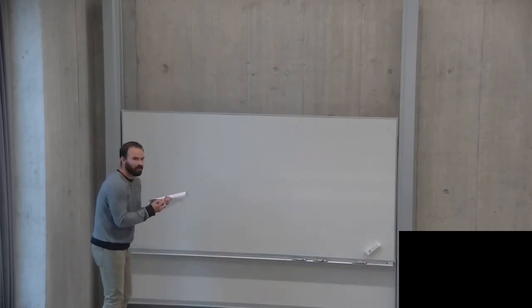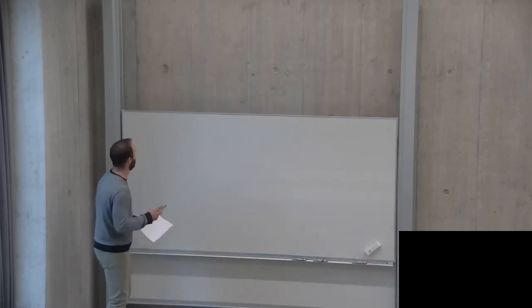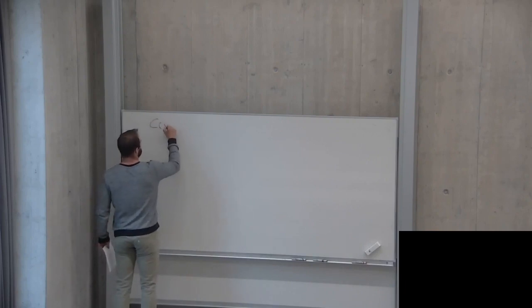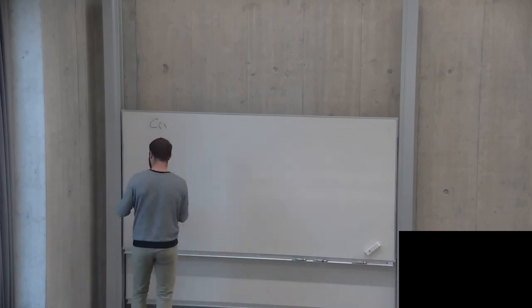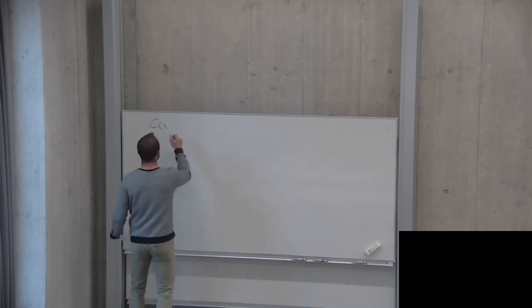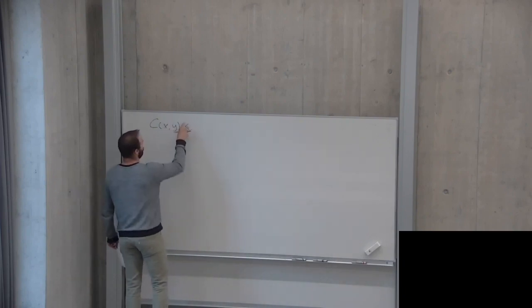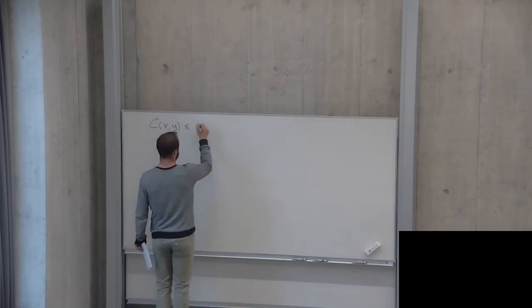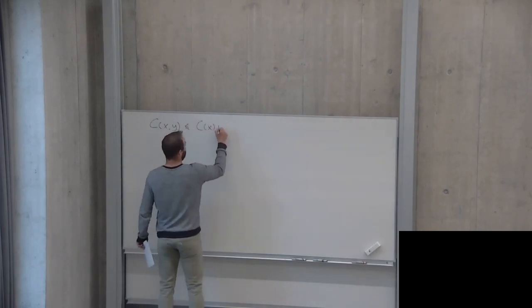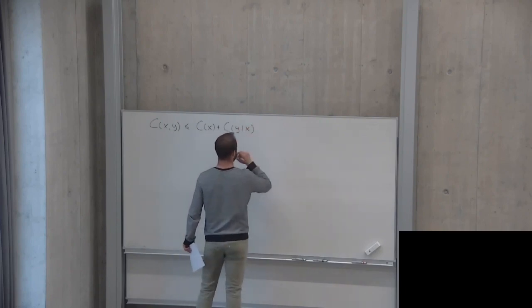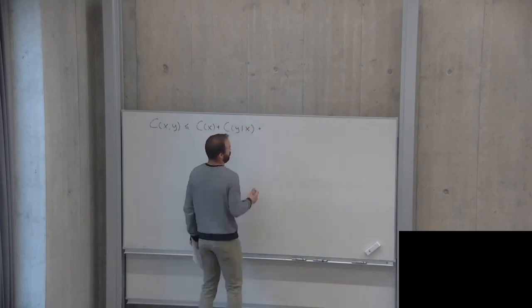So last time we showed what I call the easy side of the chain rule. We showed that C of xy was smaller or equal to C of x plus C of y given x, plus some error term.